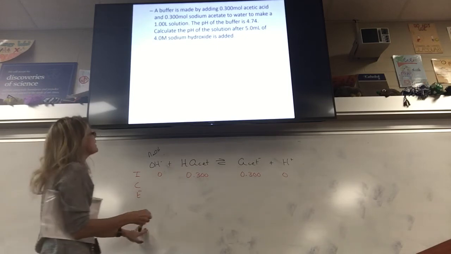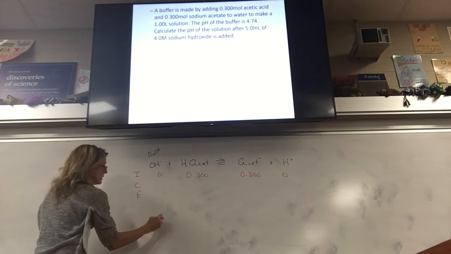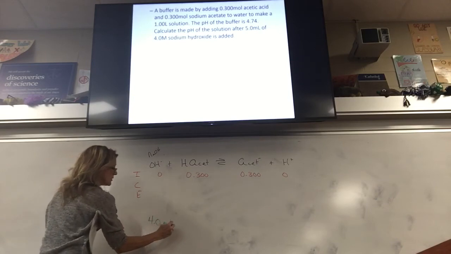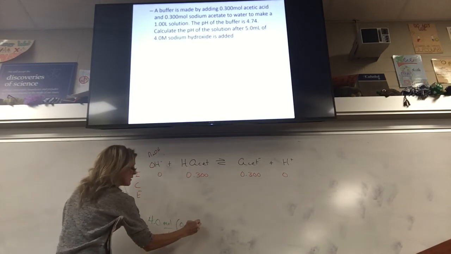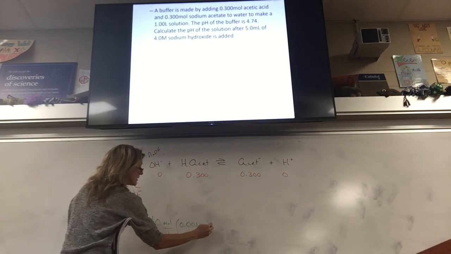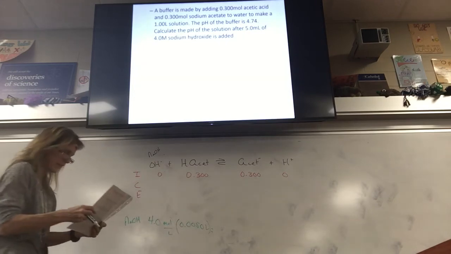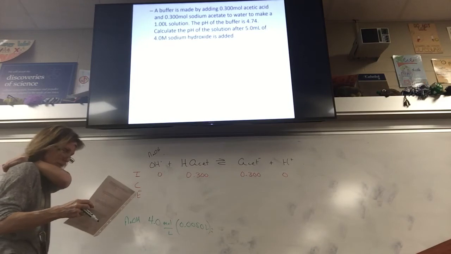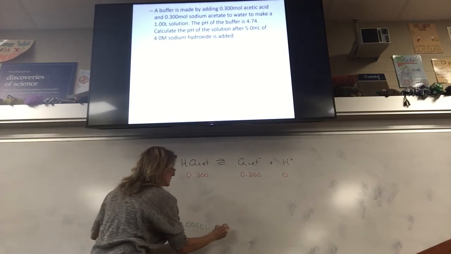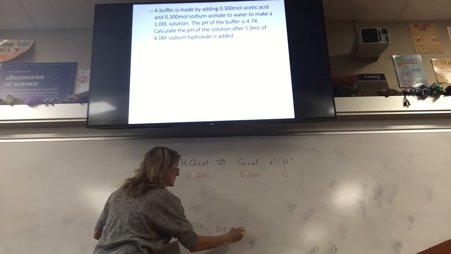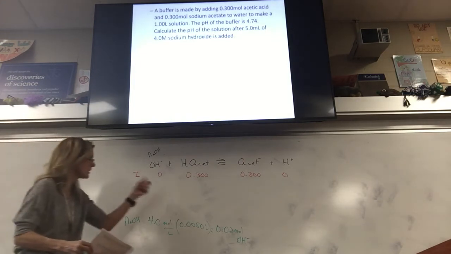I'll do it down here. We're going to add in 4 molar, which is moles over liters, and we're doing 5 milliliters, 0.0050 liters of NaOH. So that is equal to 0.02 moles of hydroxide ion.